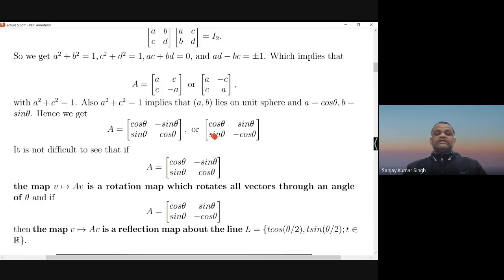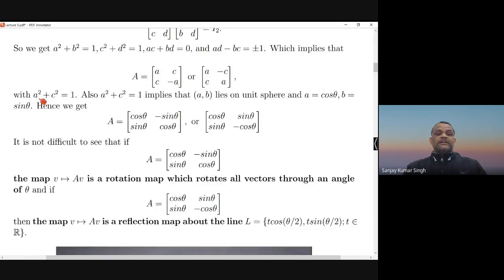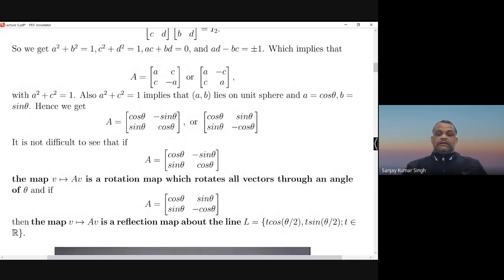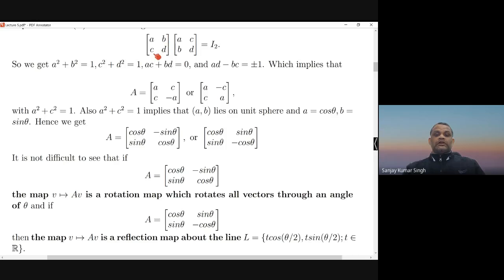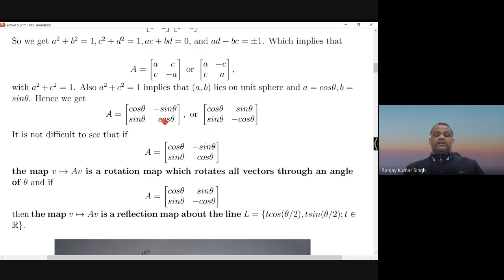You can easily check that because of the condition a square plus c square equal to 1, the vector (a, c) lies on the circle, and I can write a equal to cos theta and c equal to sin theta, because you can also prove that b equal to plus or minus c.